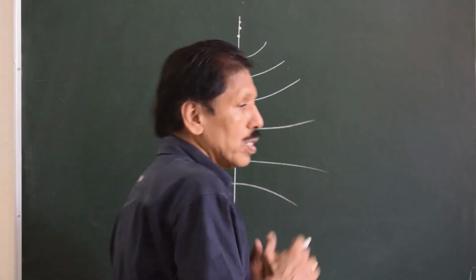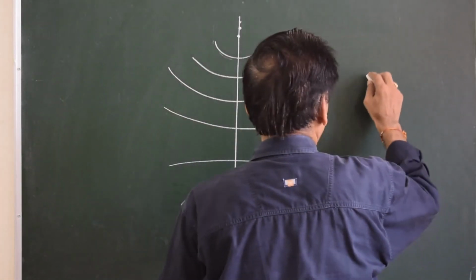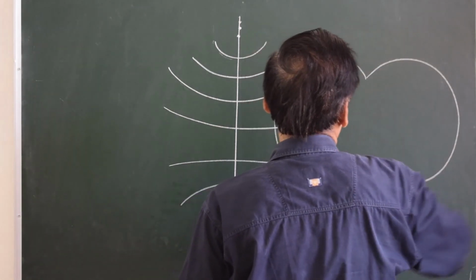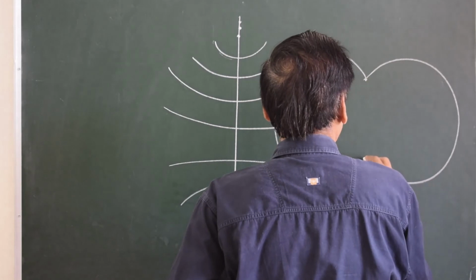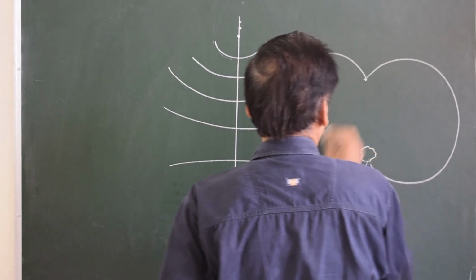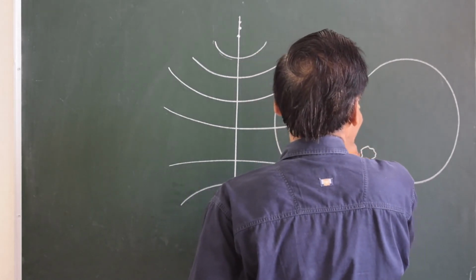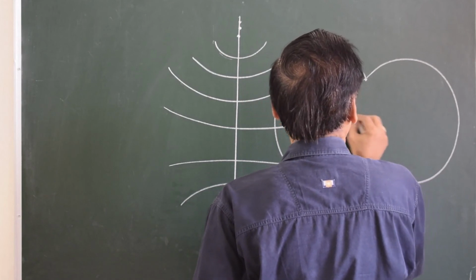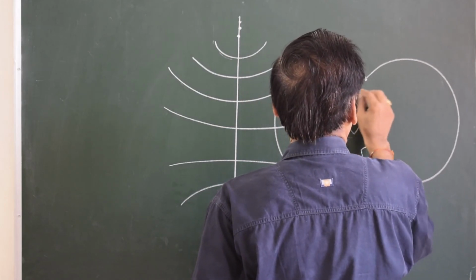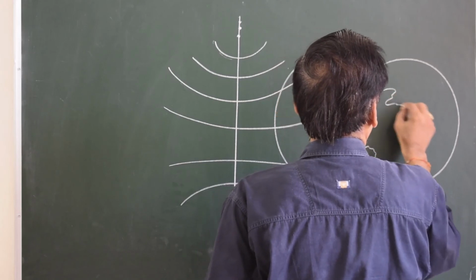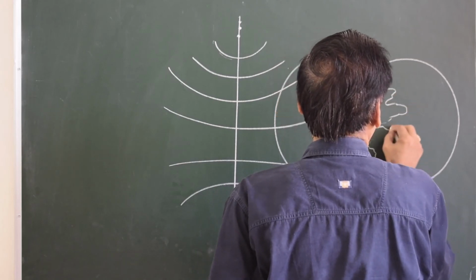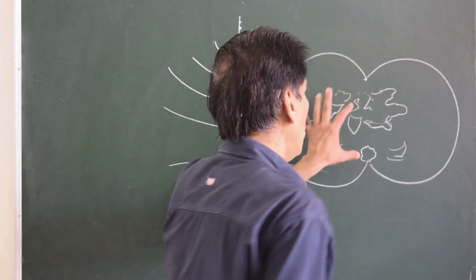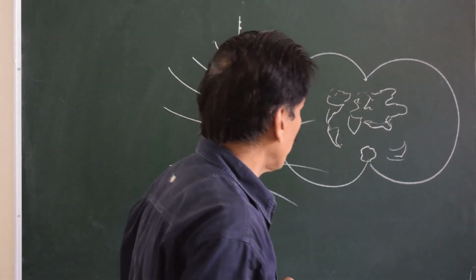Now, how would the globe look in this projection? It would be something like this. You might find Australia here, you might find the US, South America, so the globe appearing in the projection would be like this.